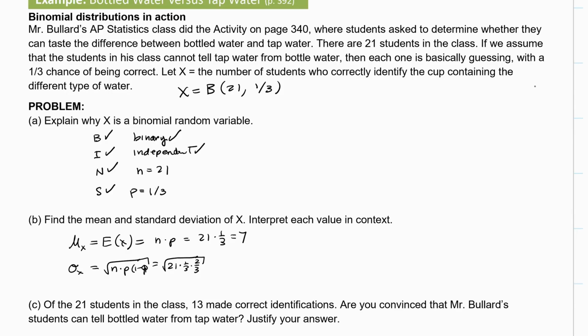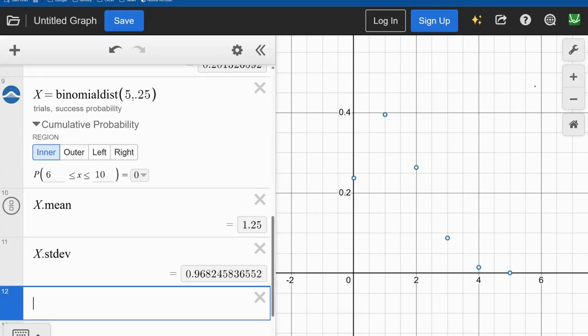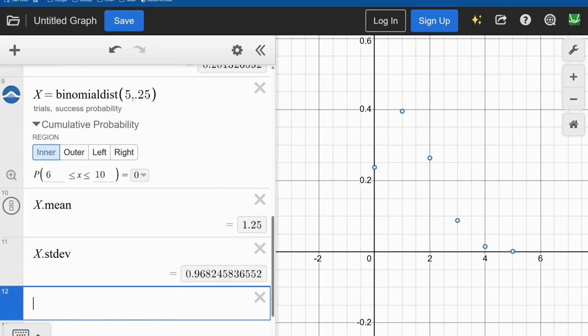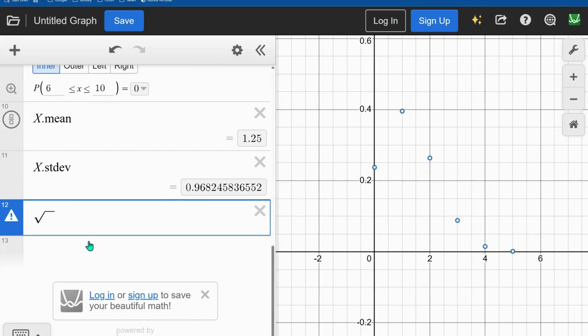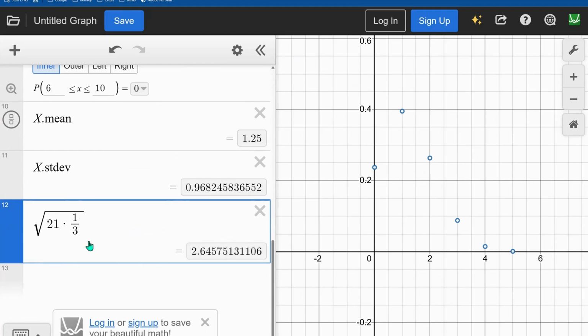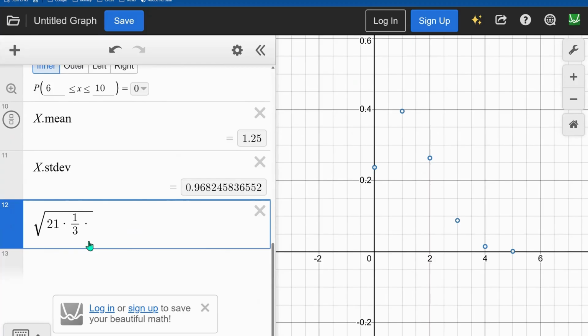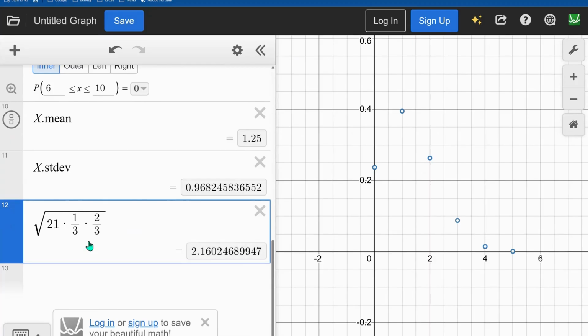I think I'm going to have to resort to Desmos for that. And so that is the square root of 21 times 1/3 times 2/3, and 2.16.